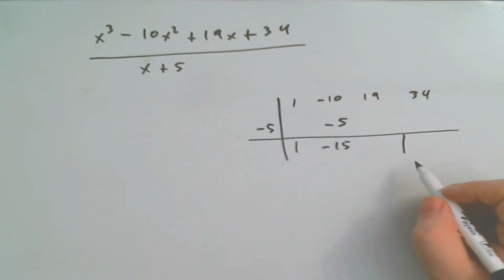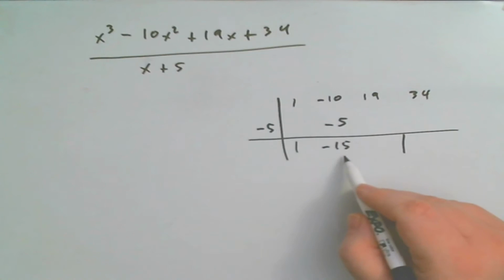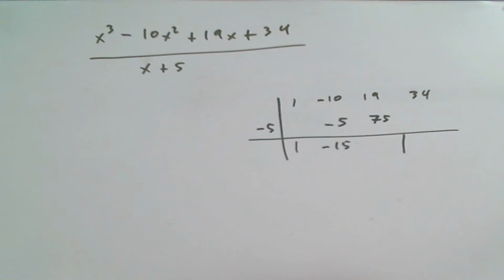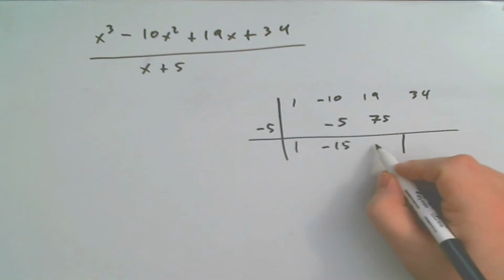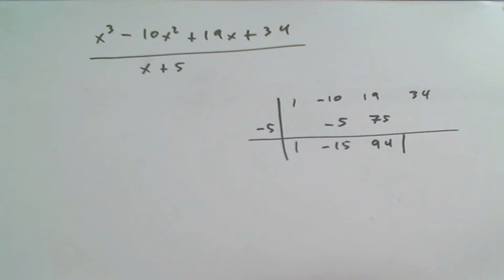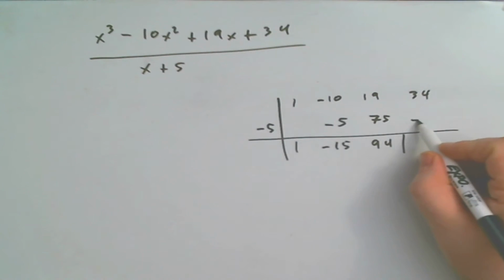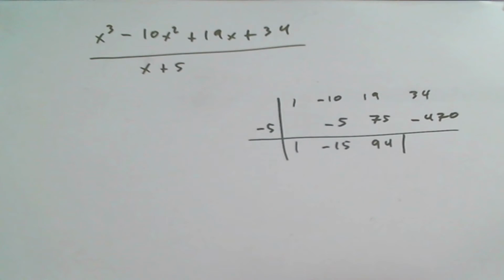And then we take negative 5 times negative 15. We get 75. And then we take 19 plus 75. We get 94. Numbers are getting kind of big there. And then we take the negative 5 times 94, and we get negative 470.